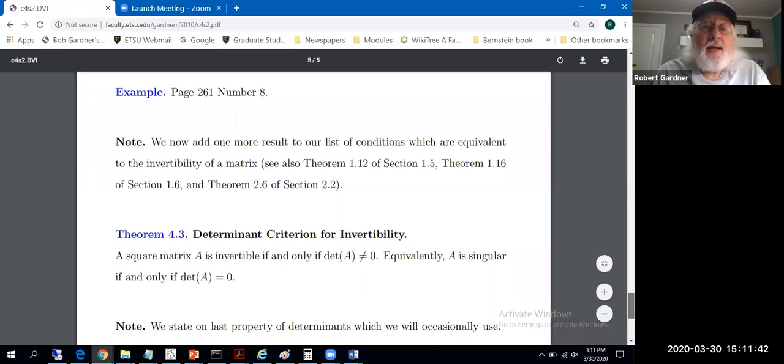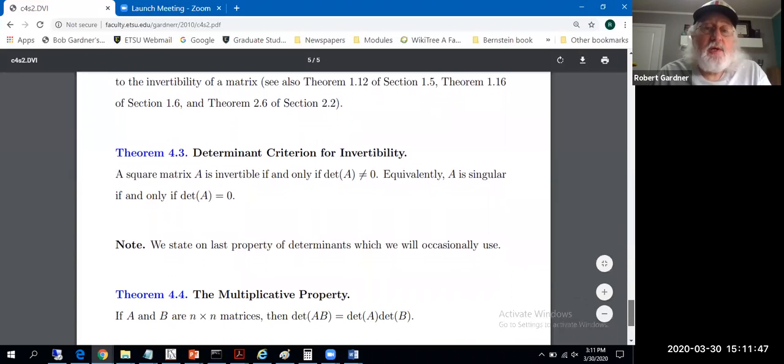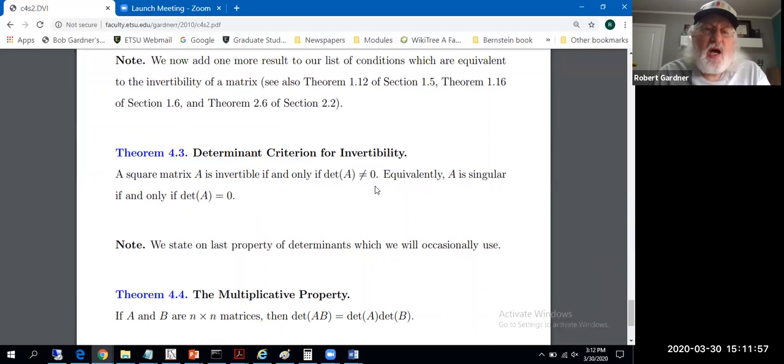Here's another one to add to the list, and I think I want to skip the proof of this. It says matrix A is invertible if and only if the determinant of A is non-zero. We called non-invertible matrices singular. Think singularity is a bad thing. You take differential equations, you'll run across singularities of a differential equation.